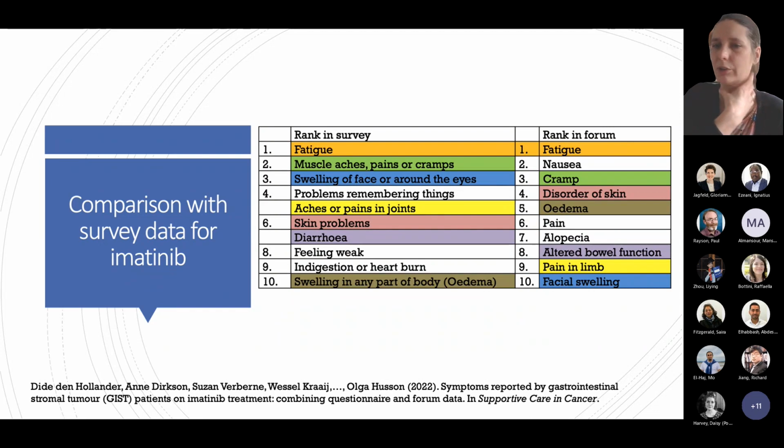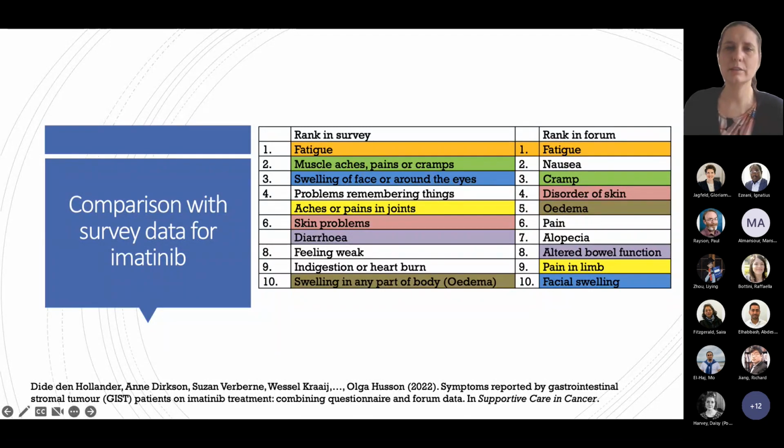So this is the comparison. This is the side effects from the survey ranked by how often they were mentioned, and this is the side effects from the forum ranked by how often they were mentioned. Colors indicate the same item.